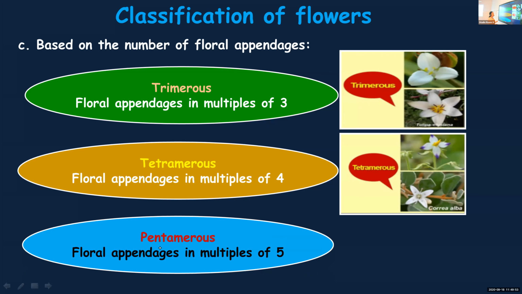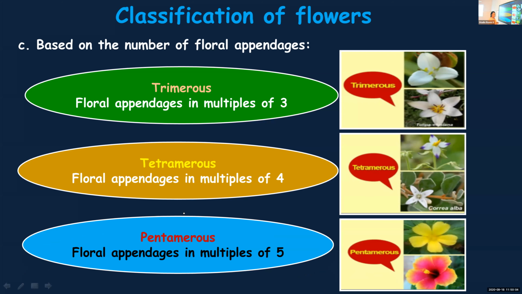And finally, we have pentamerous. Penta means 5. It will be in multiples of 5. And here you can see a pentamerous flower. This hibiscus, or China rose, is a typical example for a pentamerous flower. It is not only 5, I'm saying 5 or in multiples of 5, 3 or in multiples of 3, 4 or in multiples of 4. Okay.